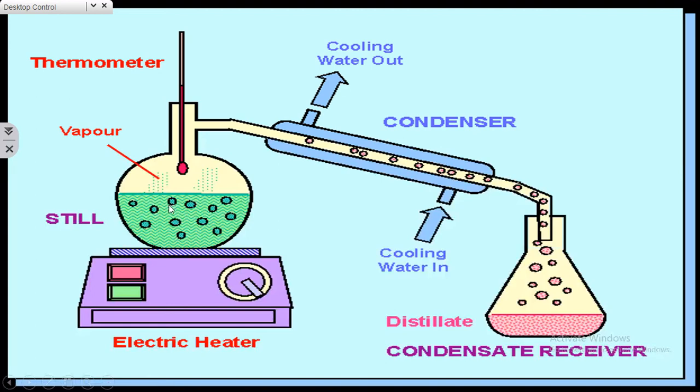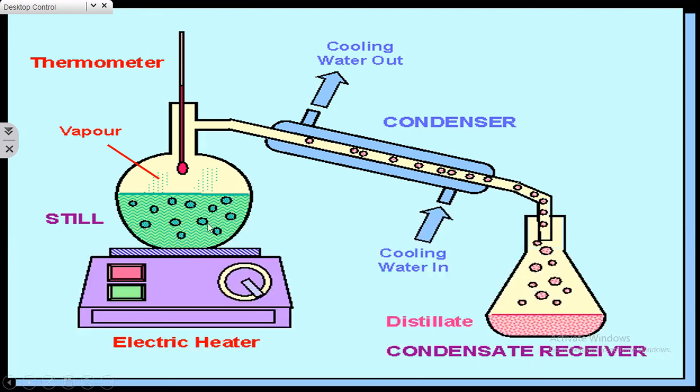After it boils, it gets converted into vapor and goes through the condenser. The thermometer is set to check the temperature. When it reaches the condenser, cool air circulating through the condenser converts the vapor into water, and that water gets collected in another flask, the condensate receiver.